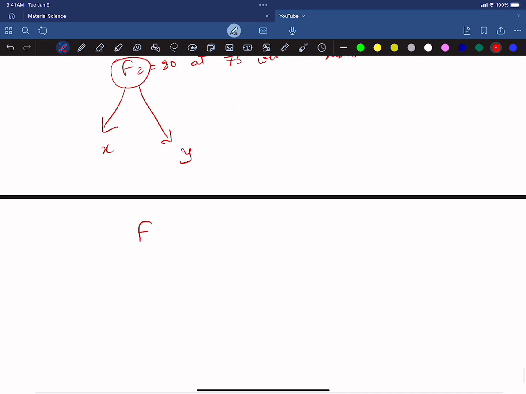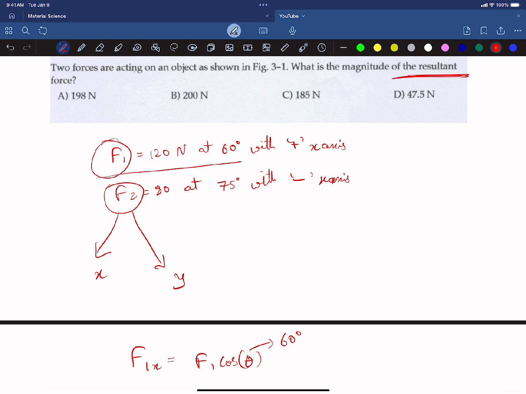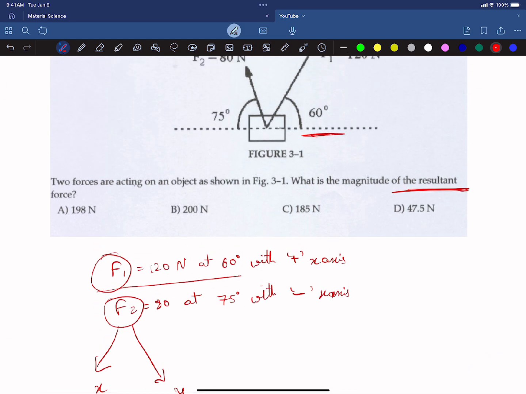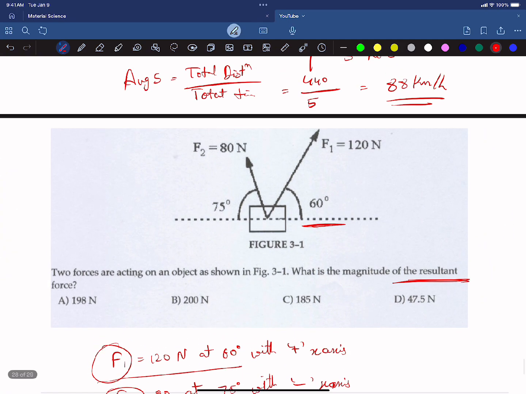So the F1 x component will be F1 cos theta. Now what is our theta? 60, because F1 is making an angle of 60 degrees with the positive x-axis. So this is our F1.